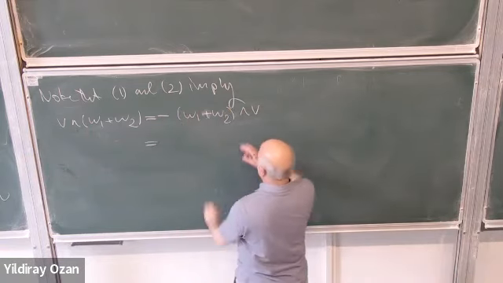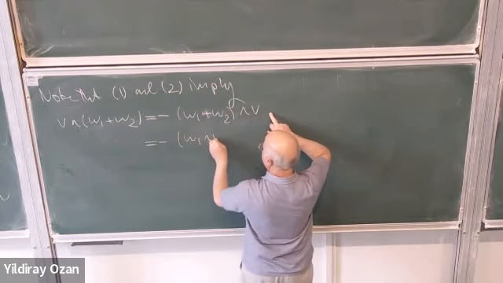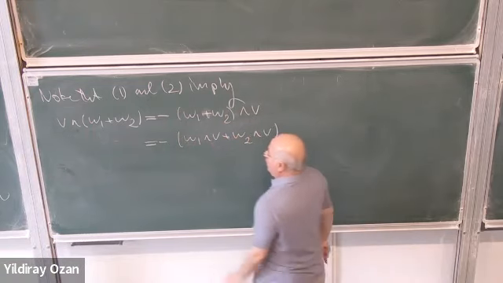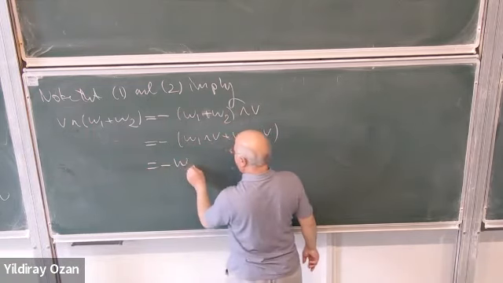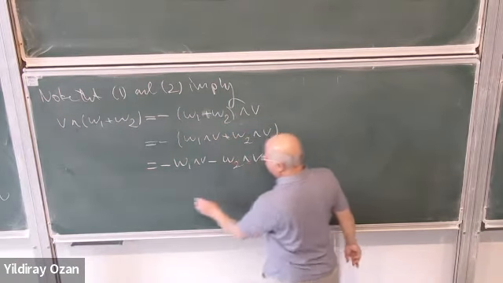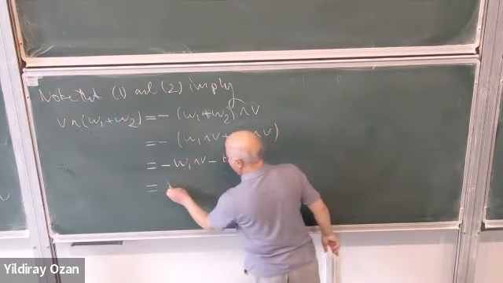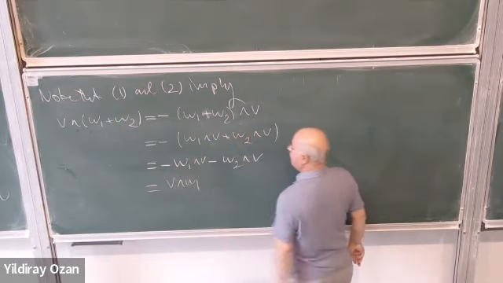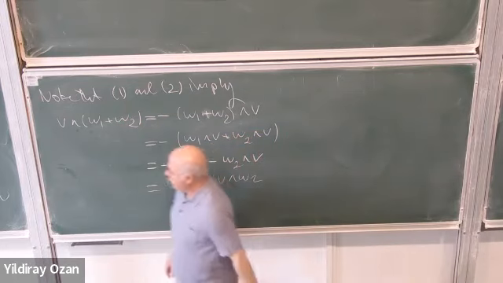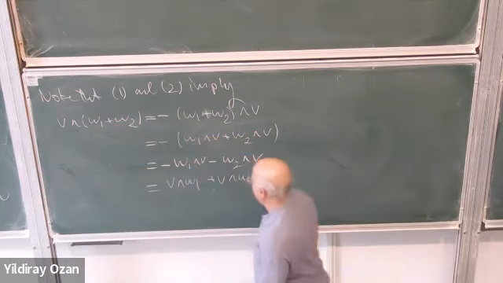And then from 2, this product is just w_1 wedge v plus w_2 wedge v. So this is minus w_1 wedge v minus w_2 wedge v. But again, using the first one, this is the same as v wedge w_1 plus v wedge w_2. So if I just assume 2, I get this one for free.